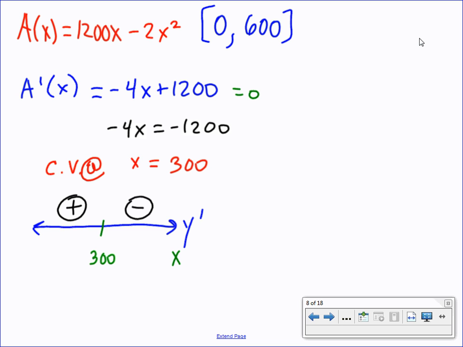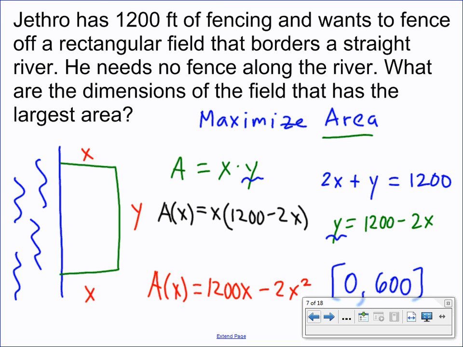So it appears that A must be increasing up until x equals 300 feet, and then decreasing after x equals 300 feet, which would indicate the presence of what feature at x equals 300? Well, A must have a local maximum. Does everybody see that? A local maximum. Great. That's good news because my goal was to maximize area.